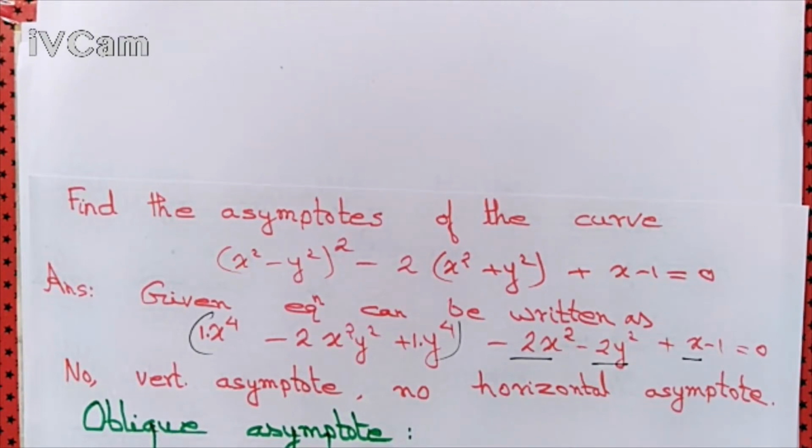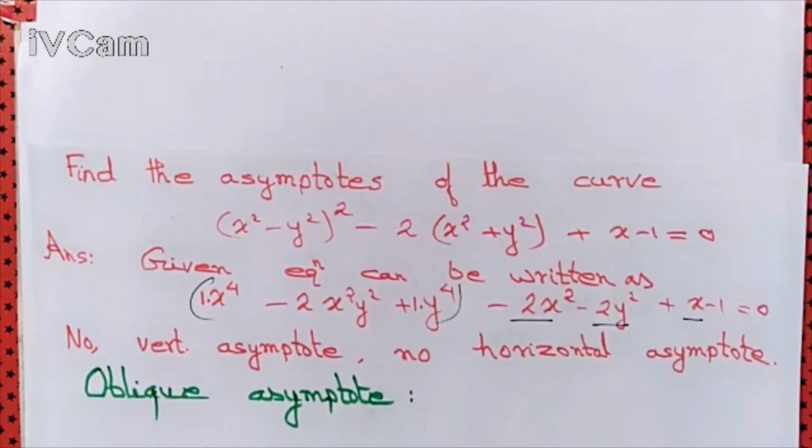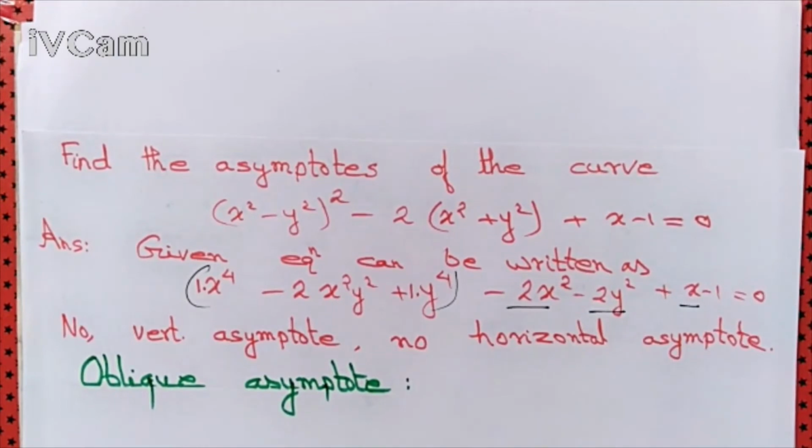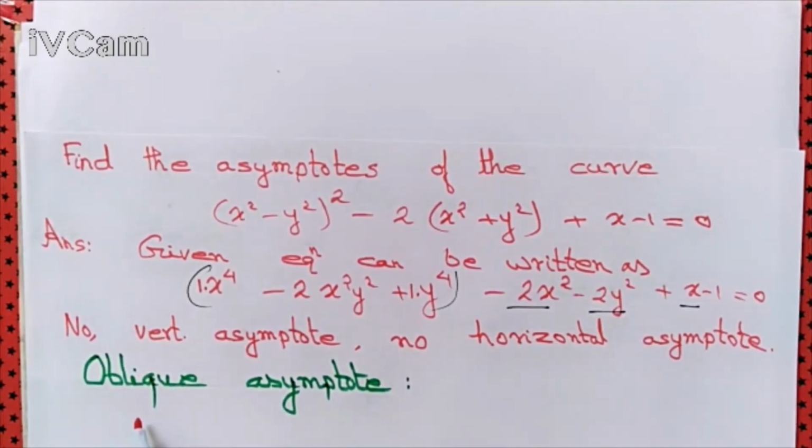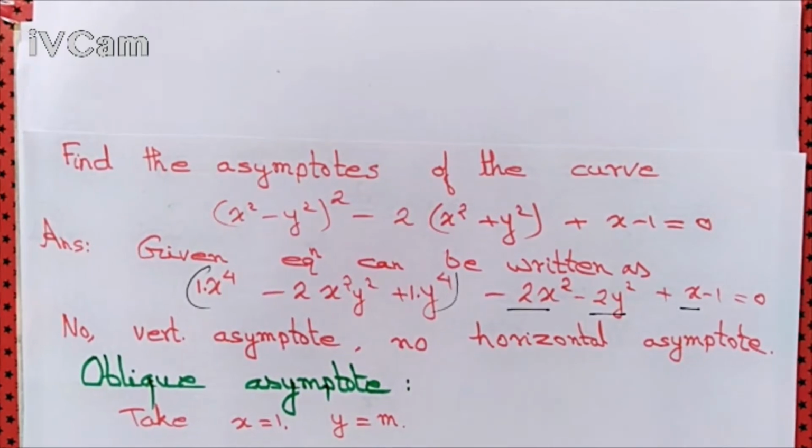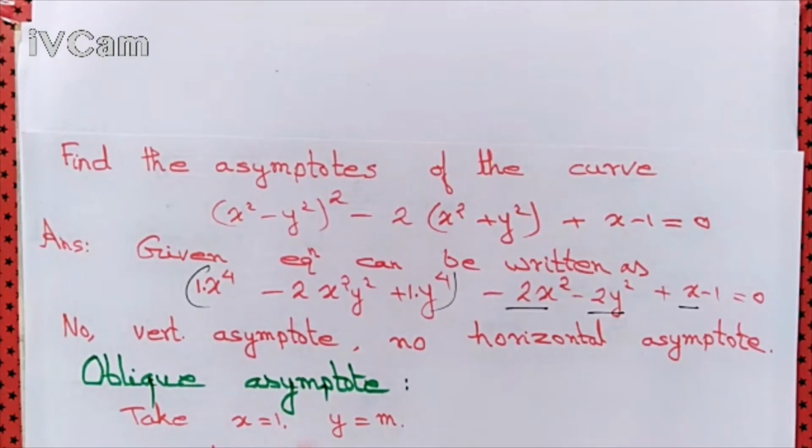let's take x equal to 1, y equal to m. Now, once we do that, let's write phi 4(m).